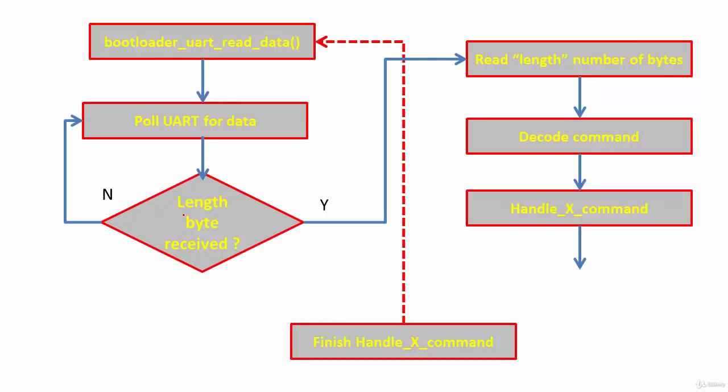If that length byte is not received, it continues to poll the UART to get that first byte. If the length byte is received, then it reads length number of bytes, that is the other bytes of the command packet, and that command will be decoded in the switch case. And then the handle function will be called.